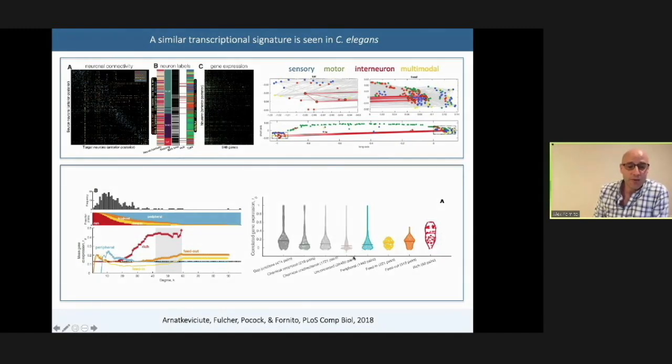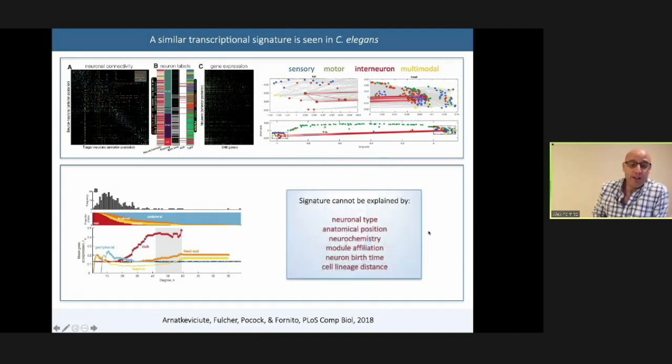And so here we can look at correlated gene expression for unconnected pairs of neurons, unidirectional chemical synapses, reciprocal chemical synapses, and gap junctions, so electrical synapses. And in all cases, you can see the average correlated gene expression is highest for rich links. So again, consistent with this idea that there is something quite special, even at the neuronal level, about connected pairs of hubs, as reflected by gene expression patterns.